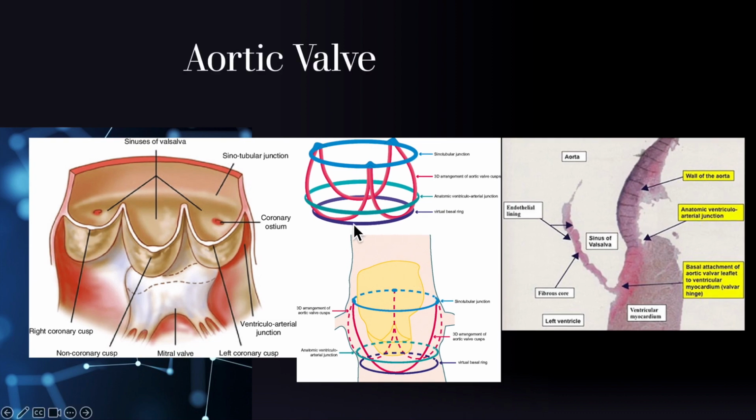What we see on echocardiography is the lower border of attachment of the valves, and this is what we call the annulus. But what the surgeon sees as the annulus is here, where there is the ventricular-arterial junction, and this is the sinotubular junction where these cusps are attached.